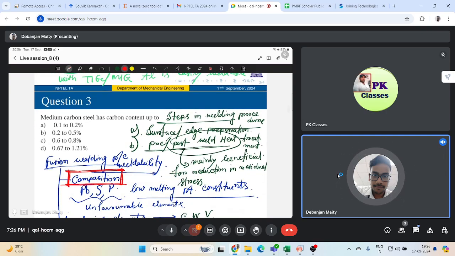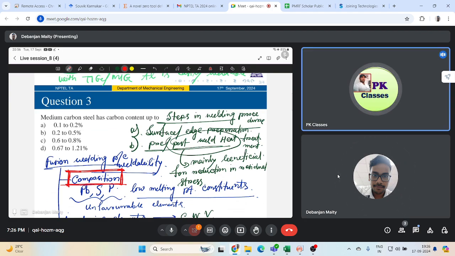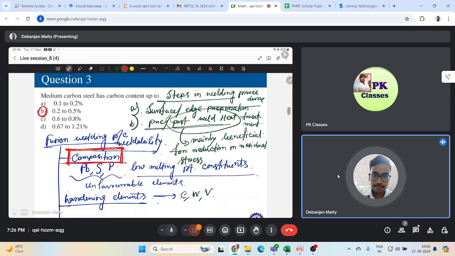This is a little bit diverting from today's discussion, but anyhow, 0.2 to 0.5%, that is my medium carbon steel.